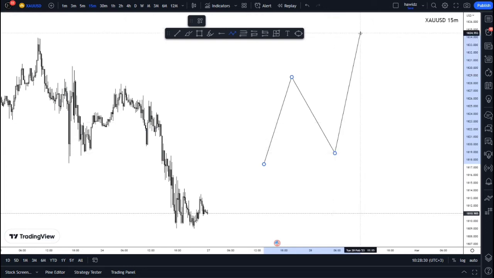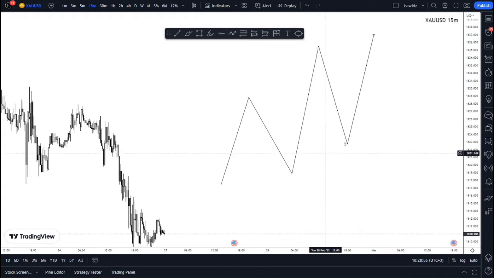That structural impulse being a break of structure with a low and a high being formed in a case of a bullish trend, and then all we're going to wait for is that pullback towards a certain point in that Fibonacci tool for us to be able to catch that impulse move and head to take out the highs, right?